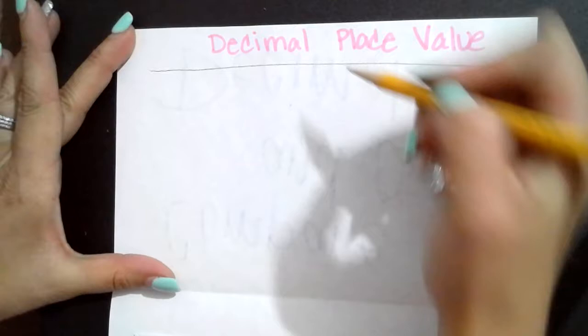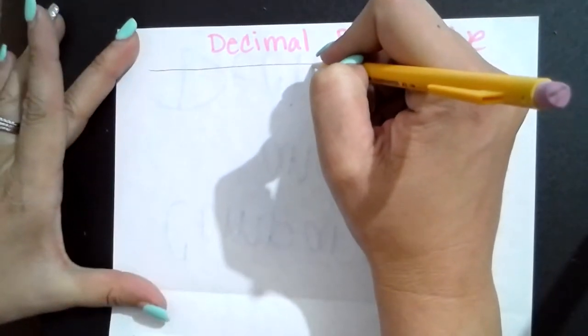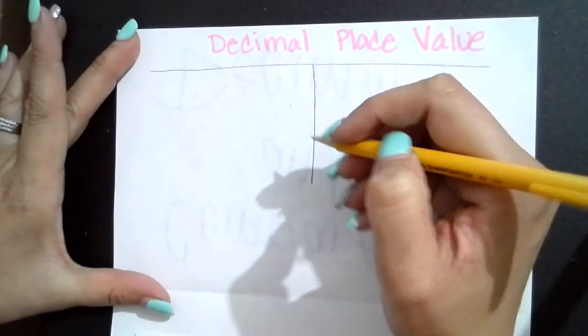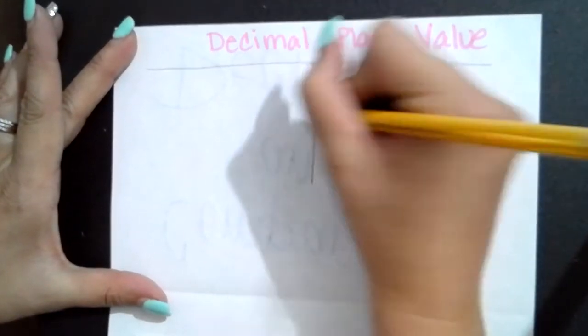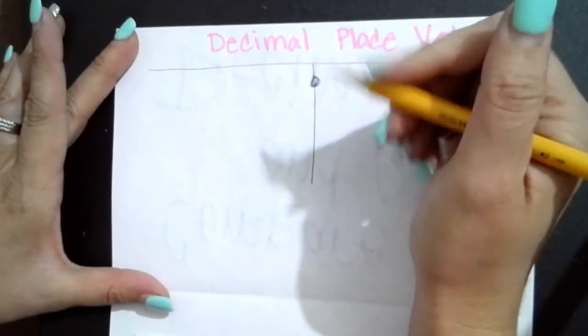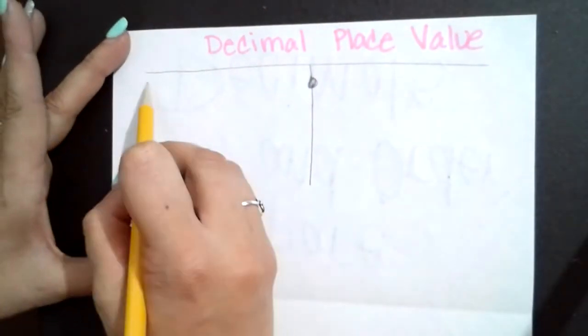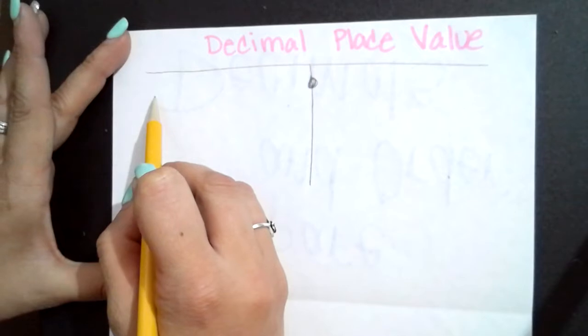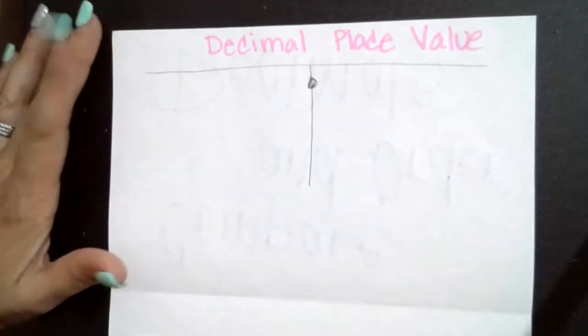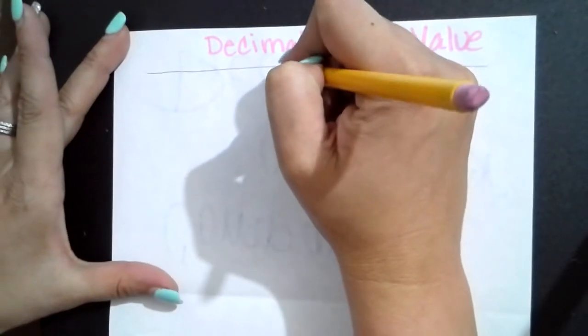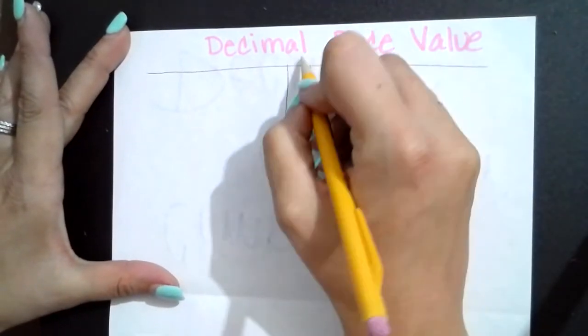I'm going to go across, I'm going to come down right here and put my decimal. Okay, so this is going to be my decimal point right there. And then I'm going to come across and I'm going to start with my ones place.